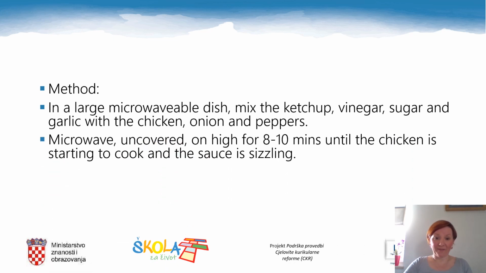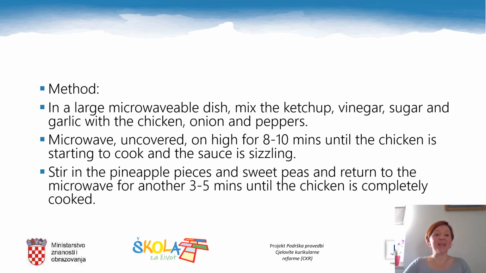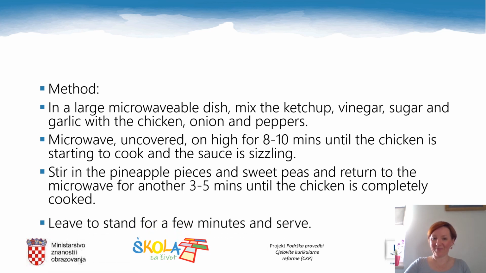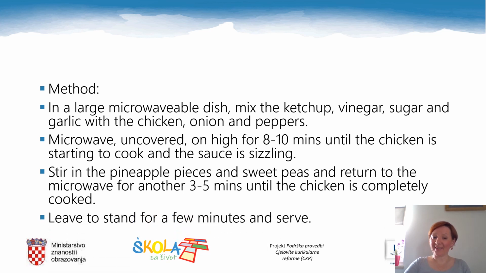Then microwave uncovered on high temperature for 8 to 10 minutes until the chicken is starting to cook and the sauce is sizzling. Stir in the pineapple pieces and sweet peas and return to the microwave for another 3 to 5 minutes until the chicken is completely cooked. Leave to stand for a few minutes and serve.